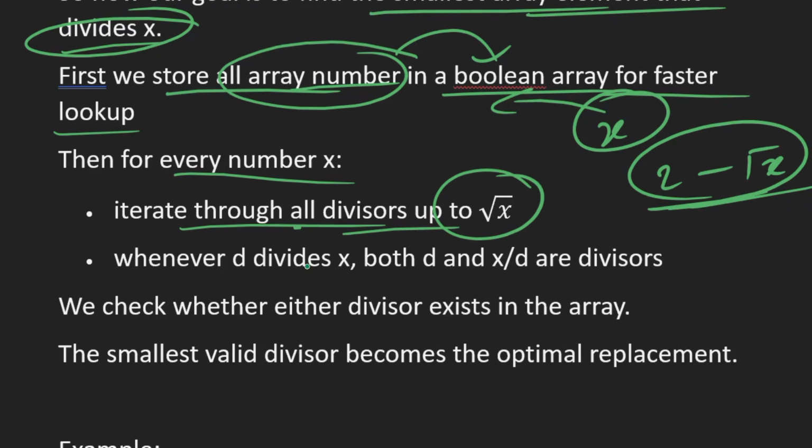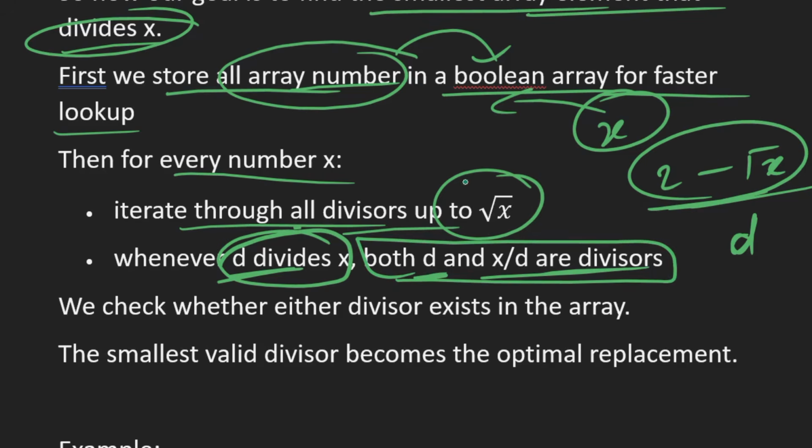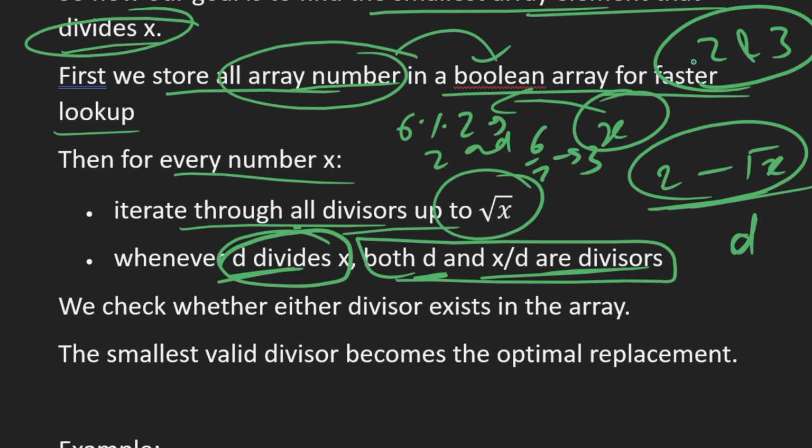And whenever any divisor d divides x, then we check both d and x by d, whether both are divisors. So suppose 6 is divisible by 2, that means both 2 and 6 by 2, which is 3, are divisors of 6.